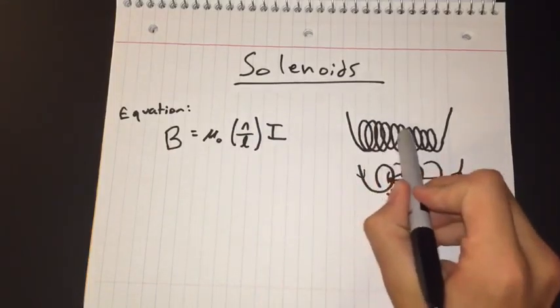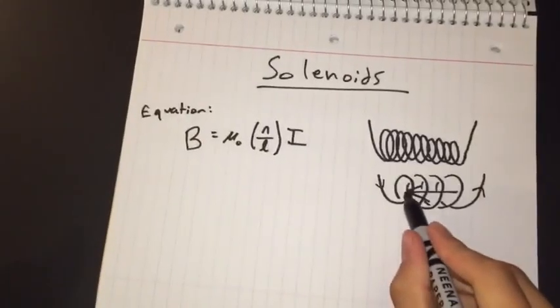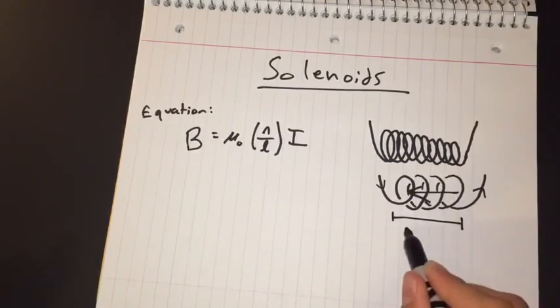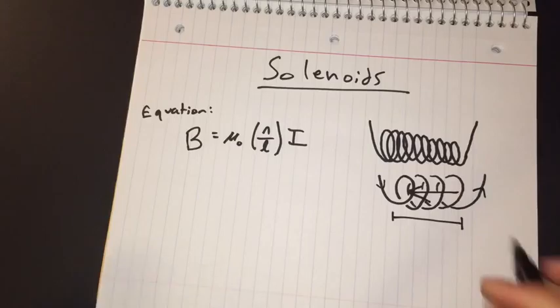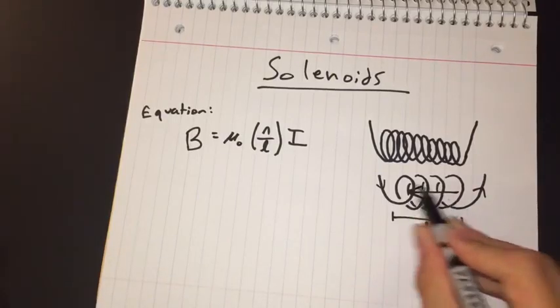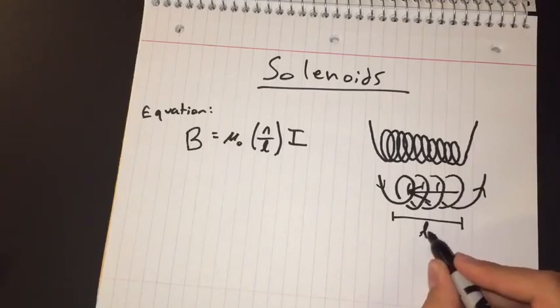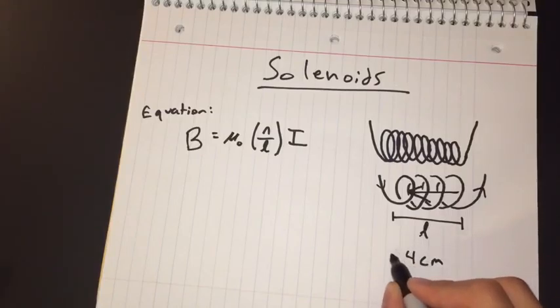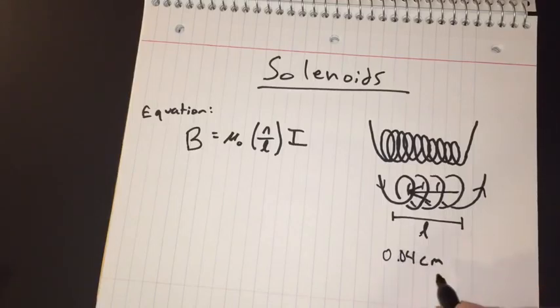N is the number of turns, so in this case right here, 1, 2, 3, 4 turns, and L would be the length that the 4 turns are in. So if this length were 4 centimeters, 0.04 meters, then the turn density would be 100 per meter.